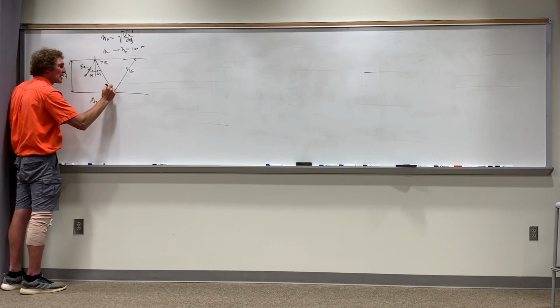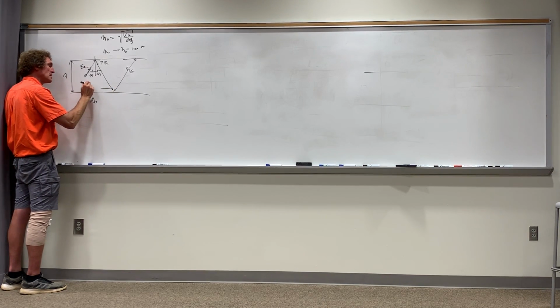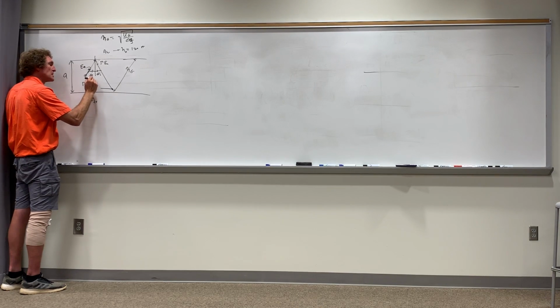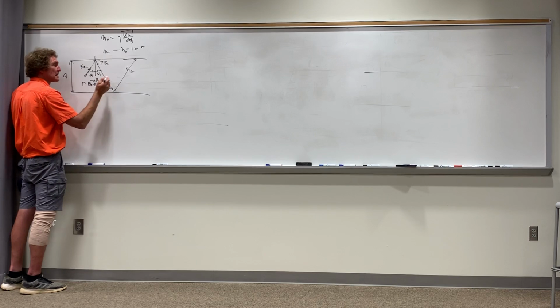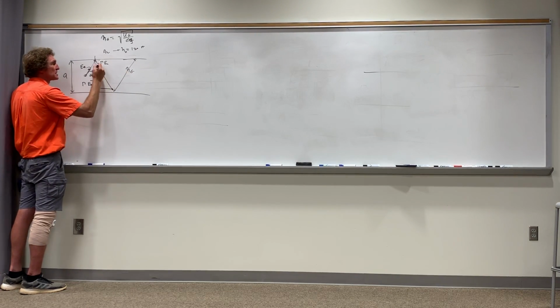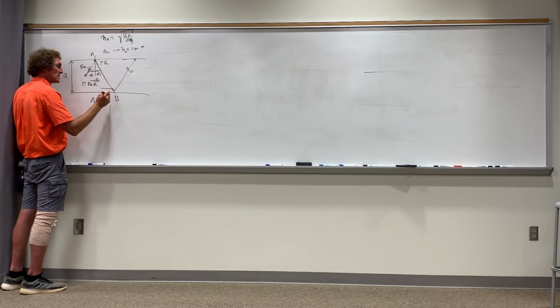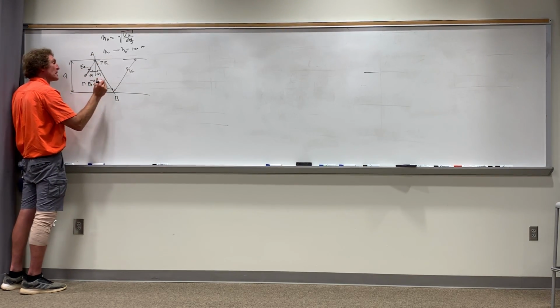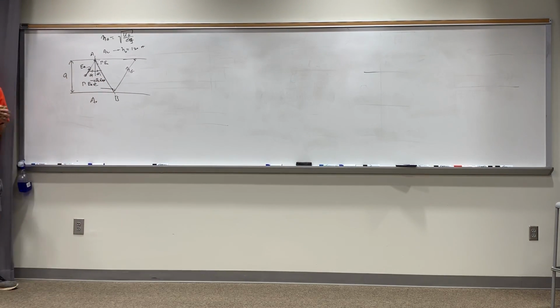Then it moves all the way down here, right before it hits here, it's going to be the reflection coefficient times E naught, times e to the minus j beta unguided times this length. This is labeled A, this is labeled B, so it's times LAB. Can you all appreciate this so far?